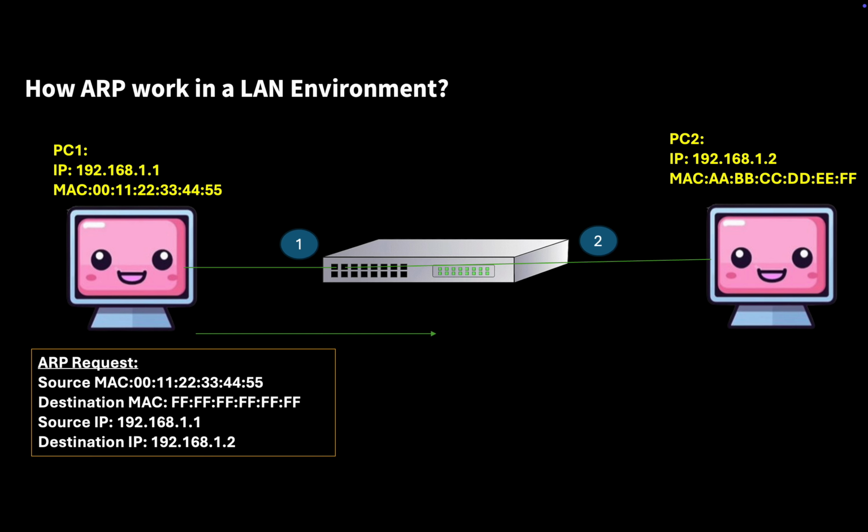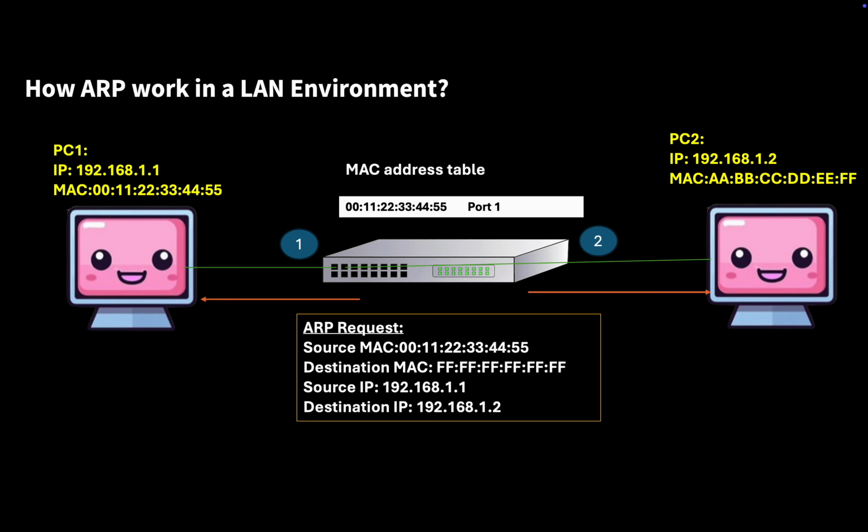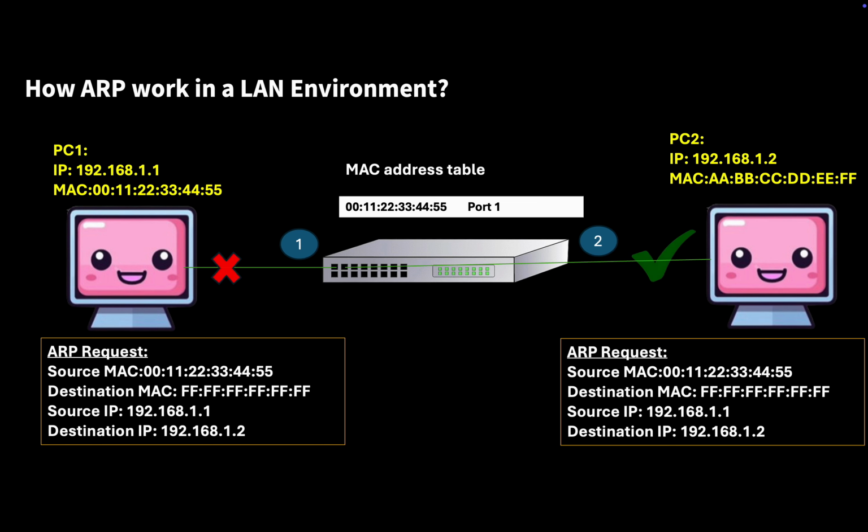This ARP request will be sent to the switch, and in this process the switch will learn the MAC address of PC1 and where it is connected, so that the next time someone wants to communicate with PC1, it will send it via port 1. And it will broadcast the frame since it is a broadcast address, right? So it will broadcast to PC1 and PC2.